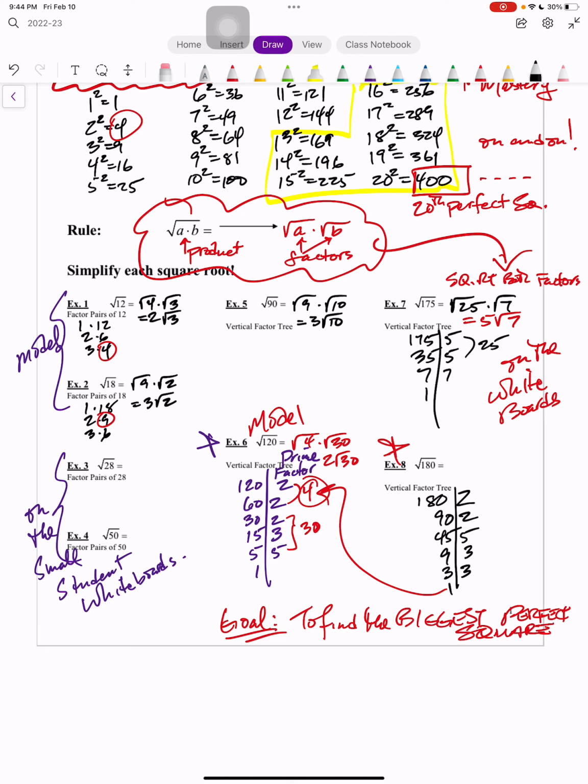Now the whole goal, as I said down below, is to find the perfect square. What students don't know in the beginning is that a square times a square gives you an even bigger square. That can be proven. We actually prove stuff like that in MRWC. So here 2 times 2 is 4, 3 times 3 is 9, and then 4 times 9 is 36. So your biggest square is 36.